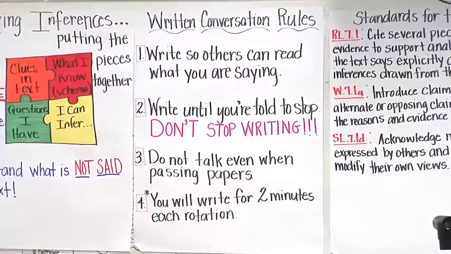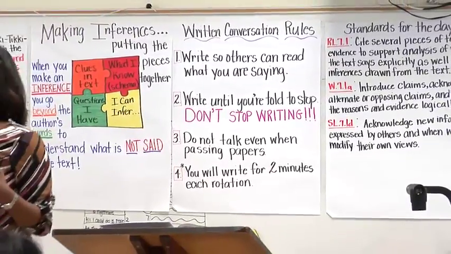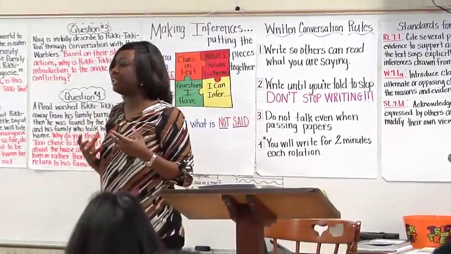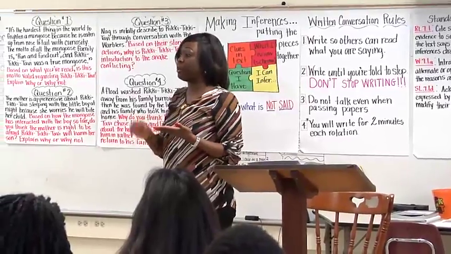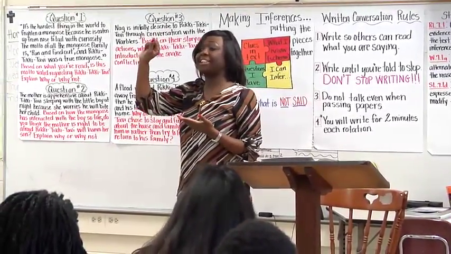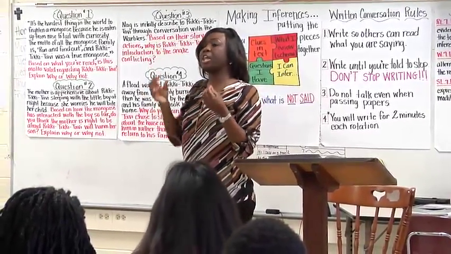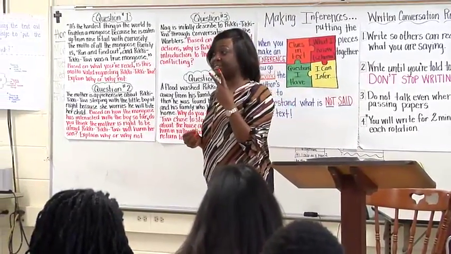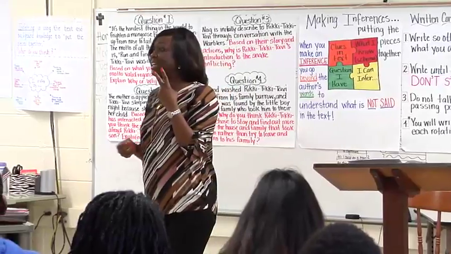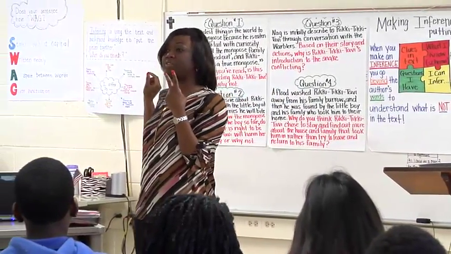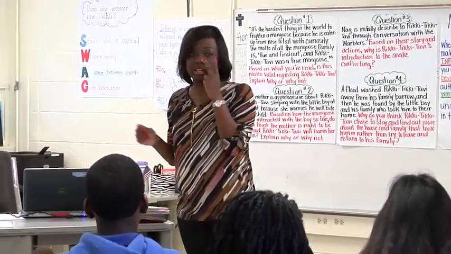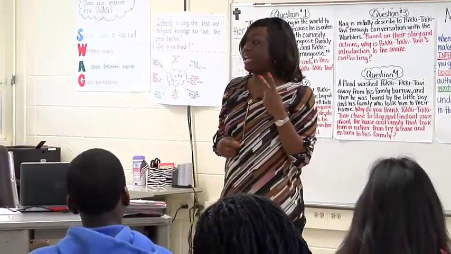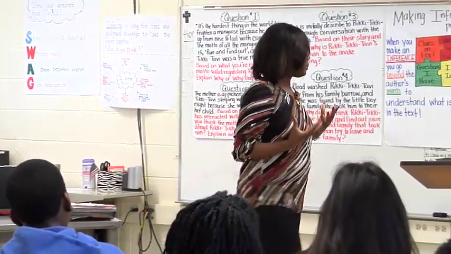But we've talked about all of the questions. So when you get your question, you're going to have your sheet of paper. You're going to write your name at the top of your sheet of paper, and you're going to have your question. You're going to get 2 minutes to write and respond to whichever question you get, okay? How long will you have? 2 minutes.